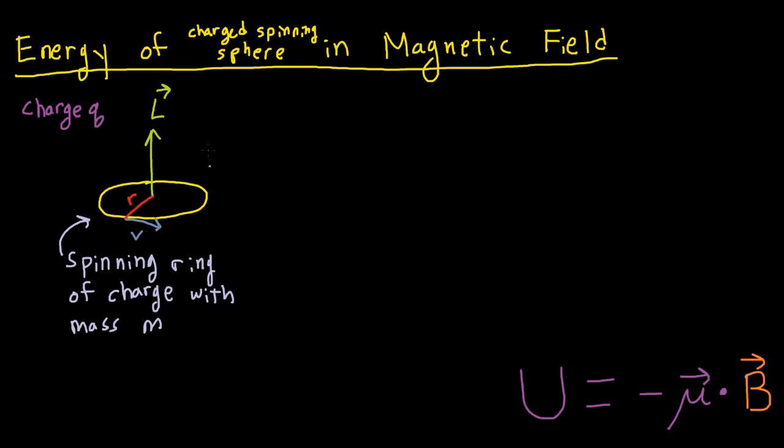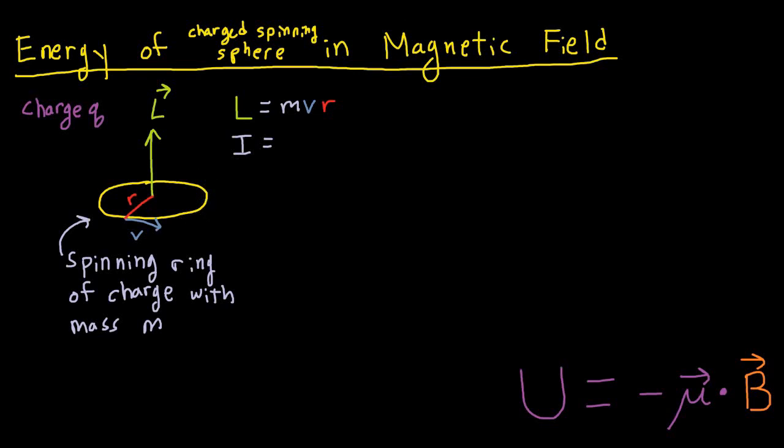So let's write out a few of these quantities here. So L is equal to m v r, right? That's just the angular momentum L. And what about I? So because this charged ring is spinning, it's going to have some current I. And that's just going to be equal to the charge which passes through a surface per unit time.